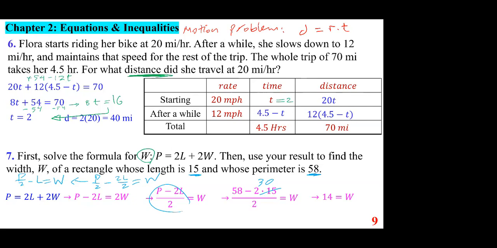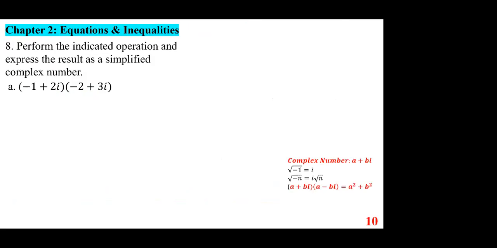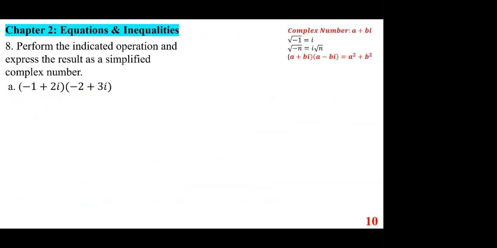All right, let's look at the following question. In order to perform the indicated operations, I want to remind you of this stuff. Class, pay attention to what I'm going to go over. This is important. Square root of -1. Remember we're looking at the complex number in the form of a plus bi, where square root of -1 by definition we replace with i. If you multiply these two, you get a squared plus b squared.